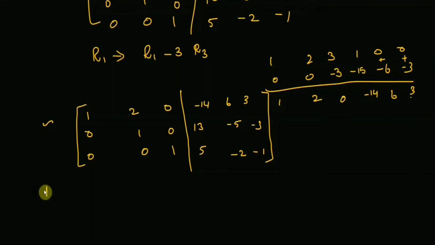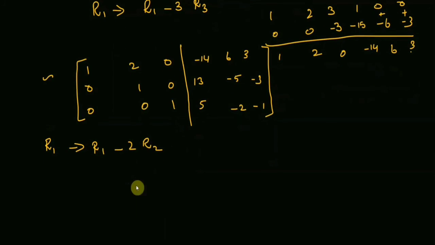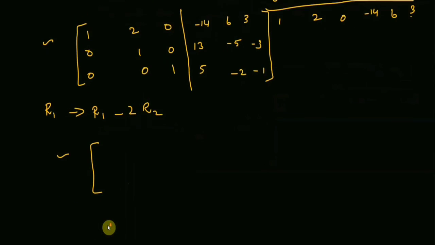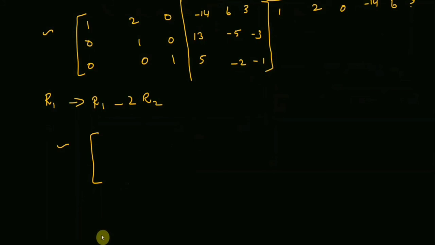R1 is R1 minus 2 times R2. So R1 minus 2 times R2 will be, so 1, it will become 0 now. 0, 0, 2 times of R2. So minus 26. So minus 14, minus 26, isn't it?